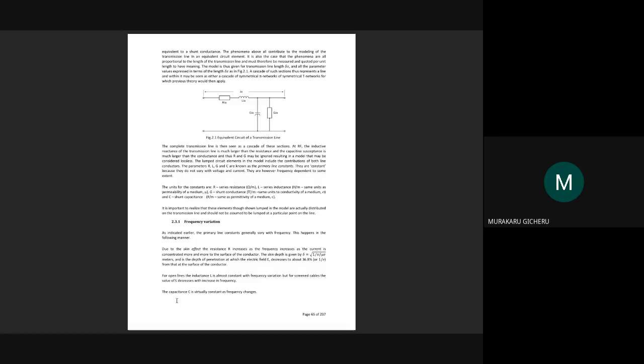For open lines, L is almost constant, but for screened lines it decreases with increasing frequency. C is virtually constant. G increases with frequency due to the increasing dielectric loss. This is where that equation will come from.